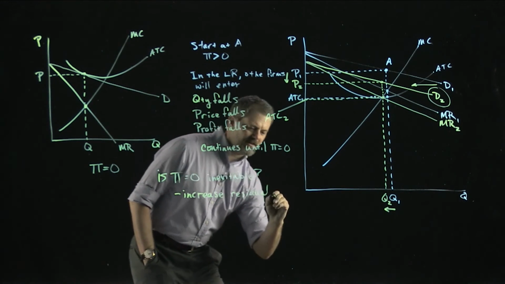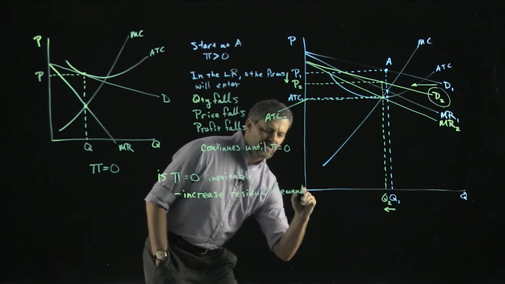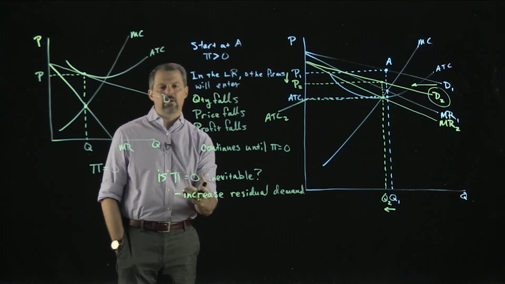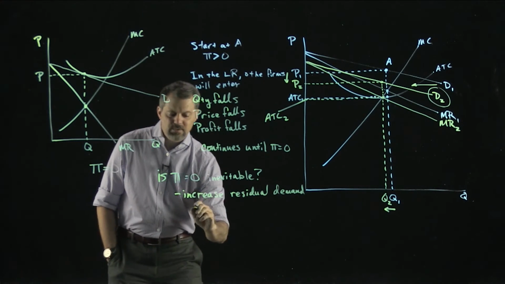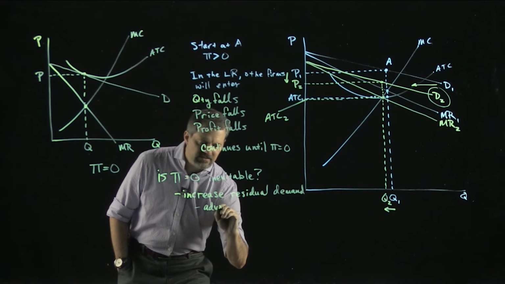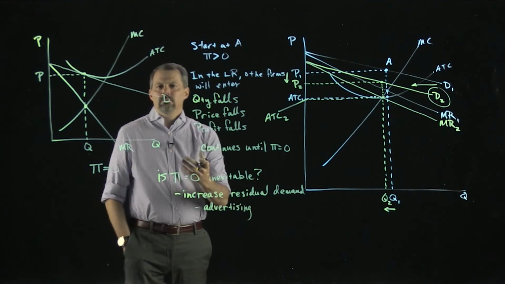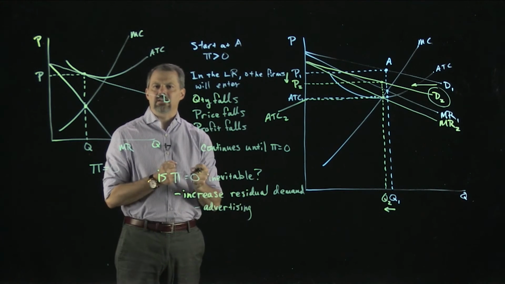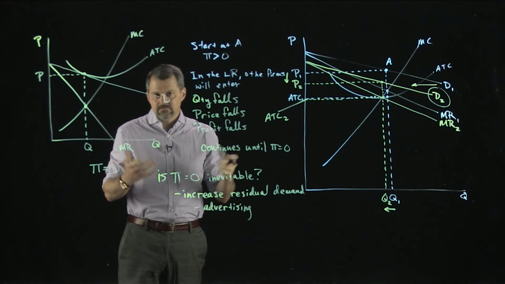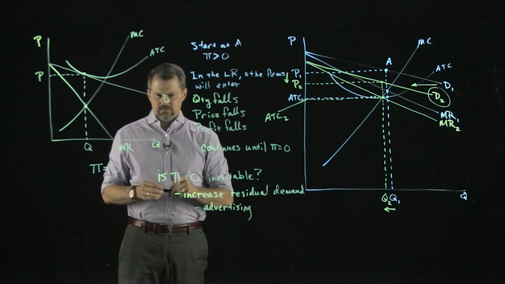A firm will have a very strong incentive to increase its residual demand curve. And you might ask, well, how does a firm do that? Well, this would be advertising or marketing itself. So advertising, coming up with new differences for its product. If it's a pizza restaurant, coming up with new pizzas. So that's one possibility.